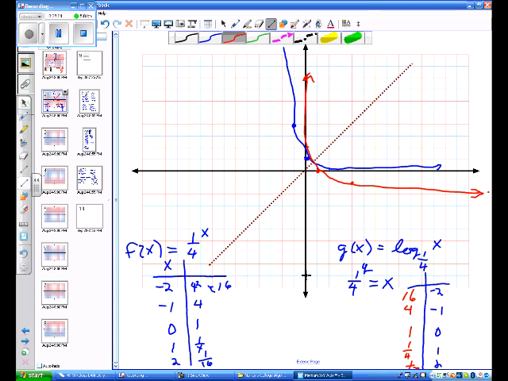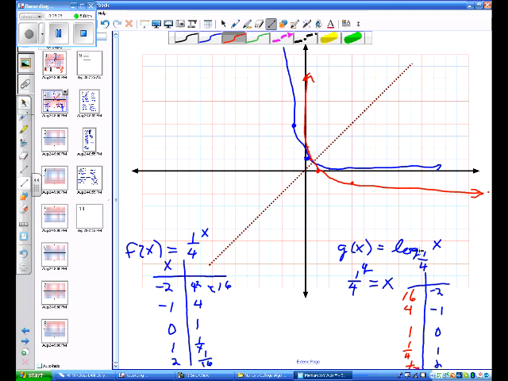And so we would never get x equals 0. So our y-axis ends up being our vertical asymptote. We crossed the x-axis at 1, 0, which was the inverse of where we crossed the y-axis in our exponential.